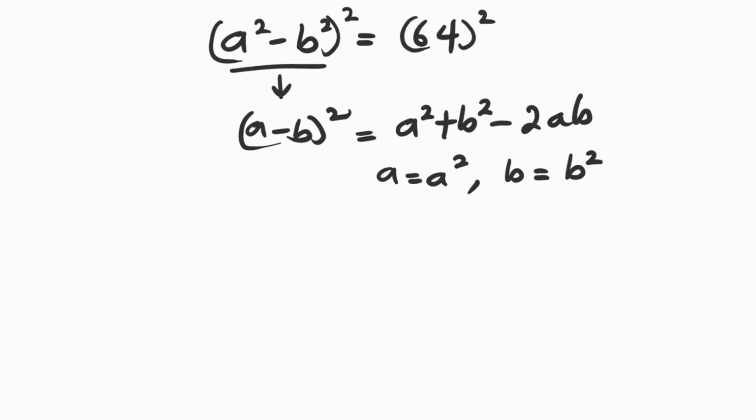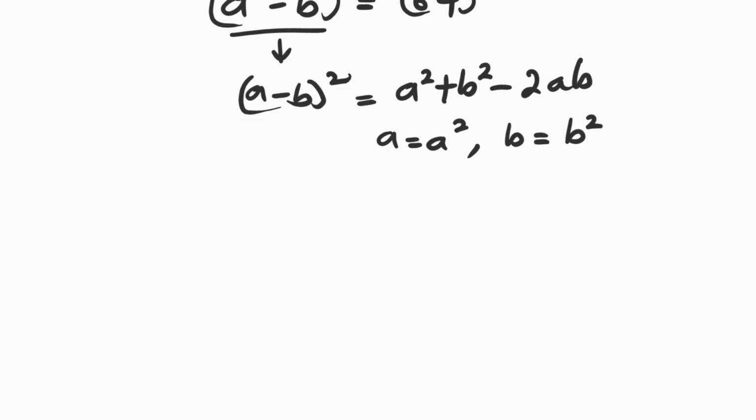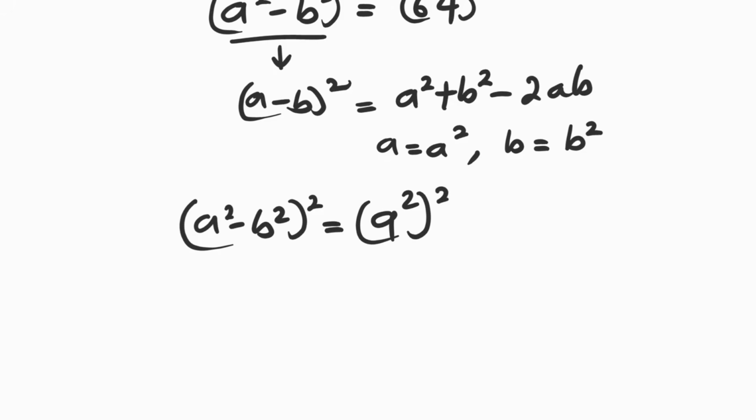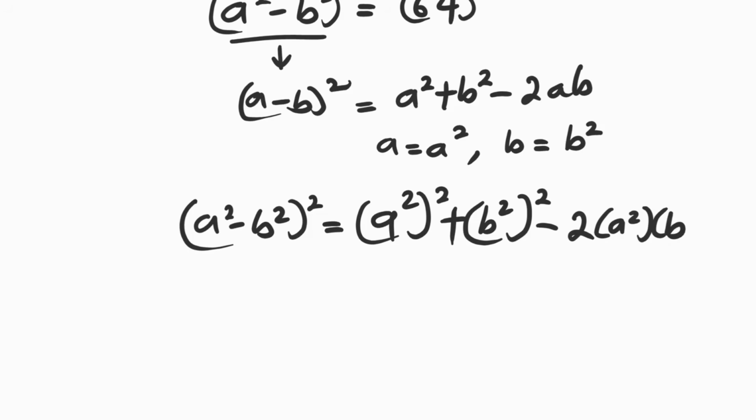So let's plug in these values into the equation. What we have here as a squared minus b squared, squared, now becomes a squared squared plus b squared squared minus 2a squared b squared, and this is equal to 64.